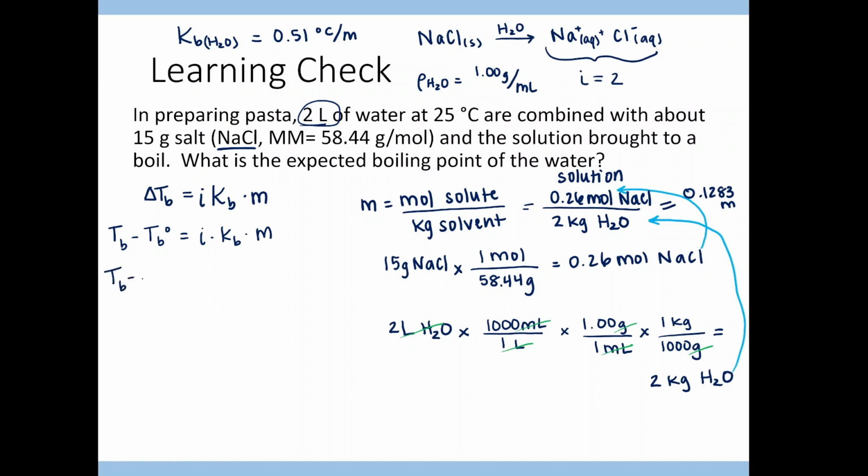So boiling point of the solution minus boiling point of pure solvent, boiling point of water is 100 degrees Celsius. This is equal to Van't Hoff factor 2 times Kb, 0.51 degrees Celsius per molality, times molality, which we calculated, 0.1283.